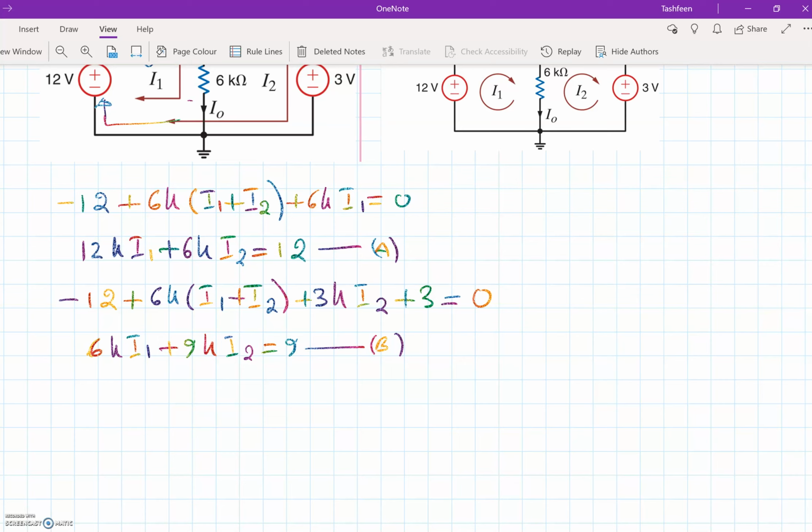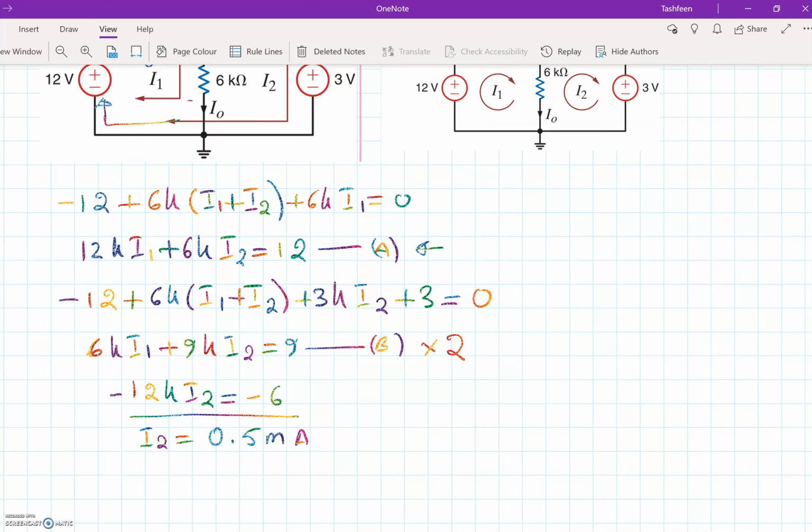For example, I can multiply this equation by 2, and then I can subtract it from equation A, and doing that will give me minus 12k I2 should be equal to minus 6, and this will give me I2 to be 0.5 milliampere.